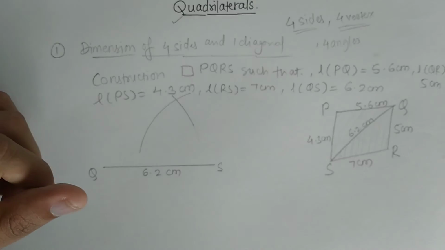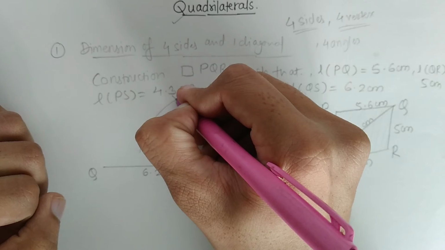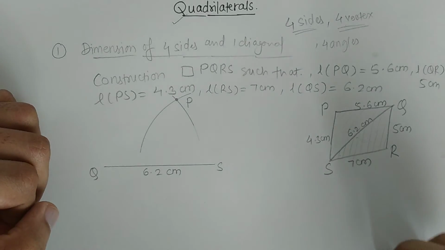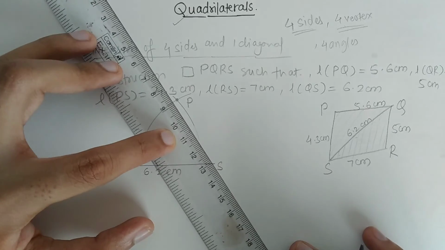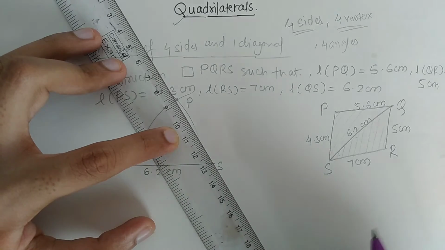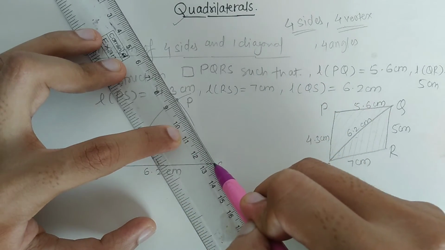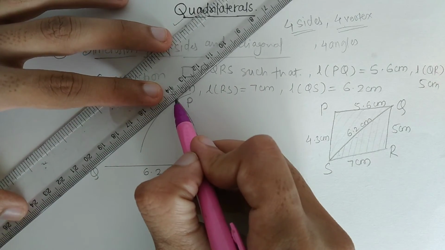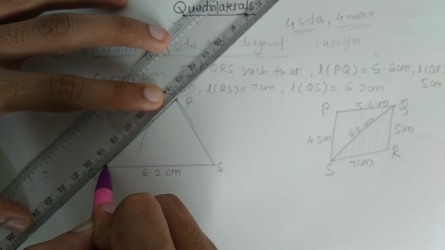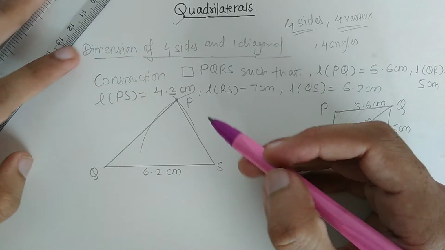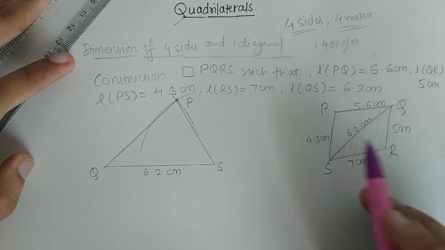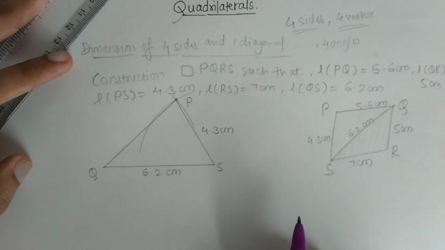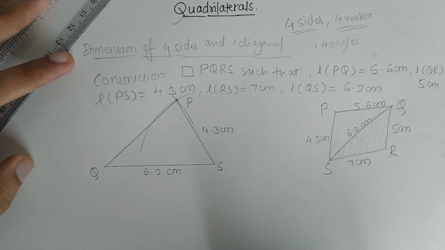Now the intersection of both the arcs has given me a point, and this is the point P. Now I will join point S and point P, and point P and point Q. Now we have got triangle PQS where PS is 4.3 centimeter and PQ is 5.6 centimeter.